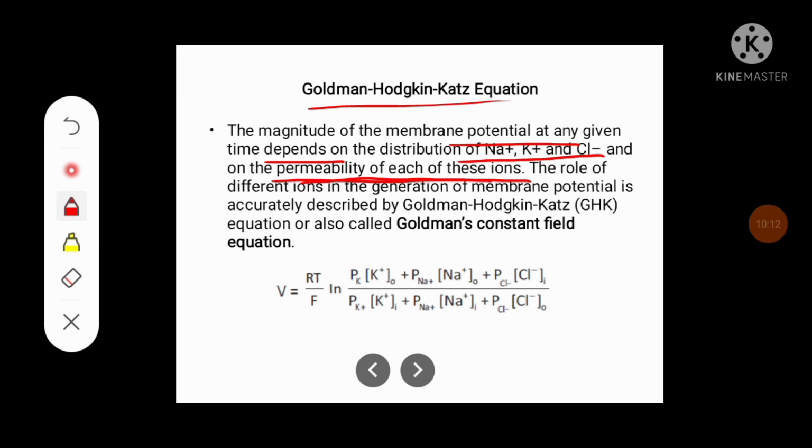The role of different ions in generation of the membrane potential is accurately described by the Goldman-Hodgkin-Katz equation, also called Goldman's constant field equation. It is nothing but the summation of the Nernst potentials of potassium, sodium, and chloride.